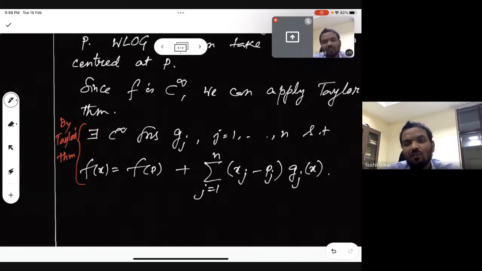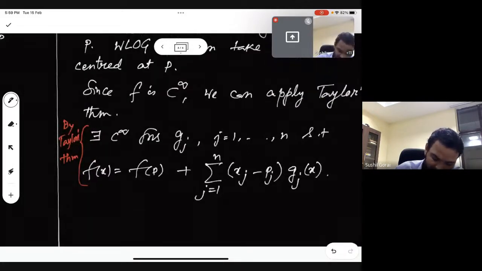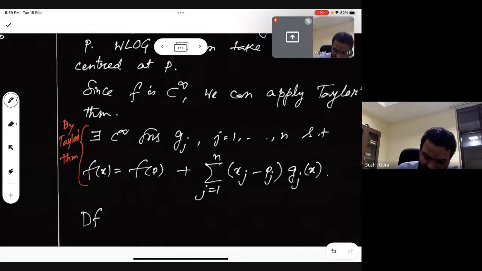All right. Once you can express it in this way, then you apply D. So D of f at p. D is already a derivation at p.